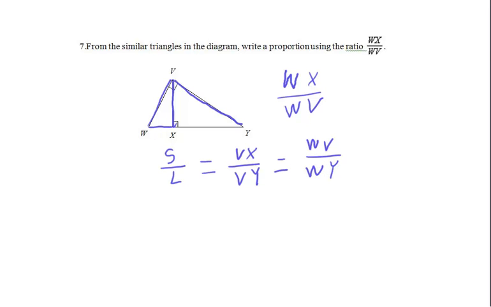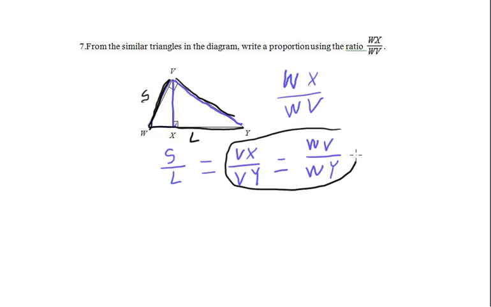Again, let's look at it. Wv right here over Wy. So the short side over the long side of this big triangle. So right here is your answers.